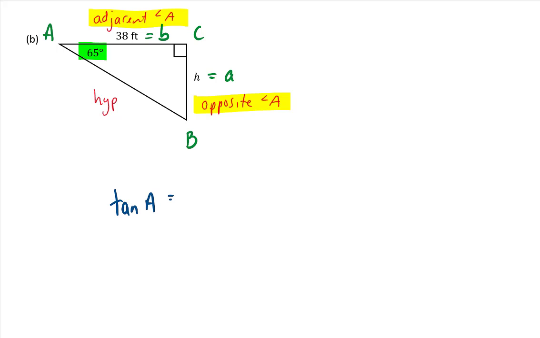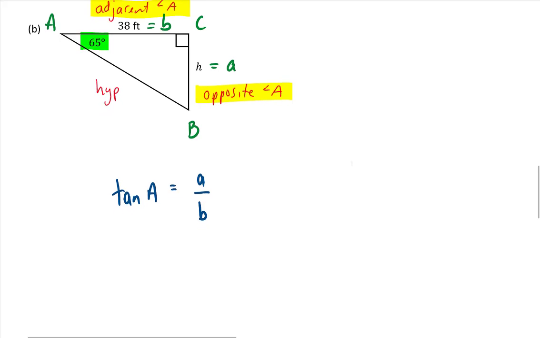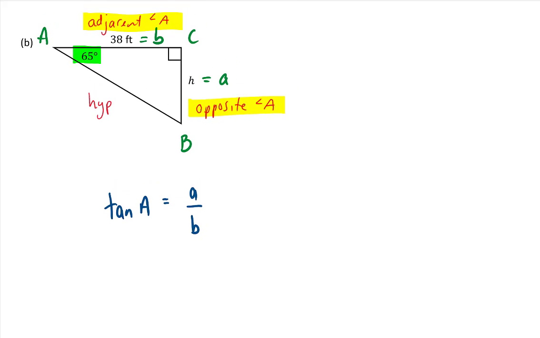Tan of A is equal to the opposite side, so that's A, over the adjacent side, so that is B. Next, we sub in our values. So we have tan of 65 is equal to H, that's our A, and our B is 38 feet. Same as before, we have h divided by 38, so the opposite operation is to multiply by 38.